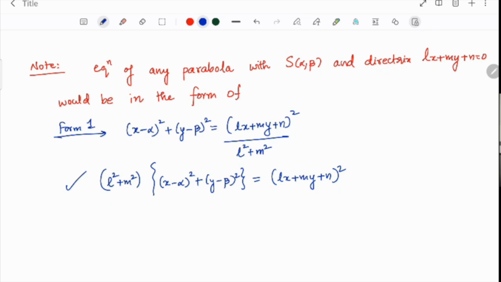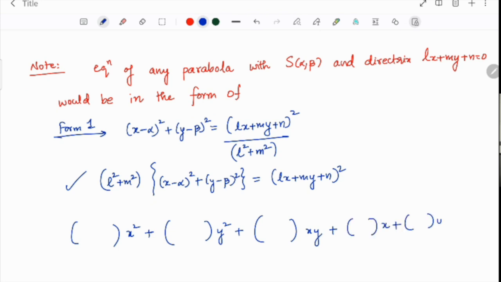What I'm doing, this L square plus M square, I have sent to the other side. All right. Now I multiply everything. I'll get something into x square plus something into y square plus something into xy plus something into x plus something into y plus some constant is equal to 0. All right. Can you directly tell me what is the x square coefficient?